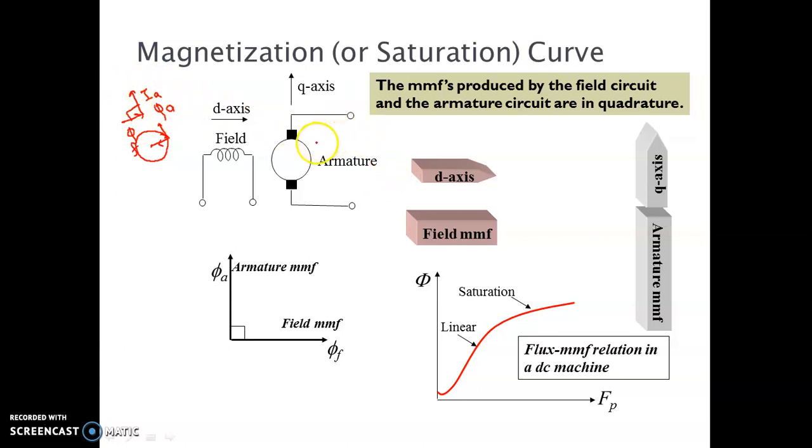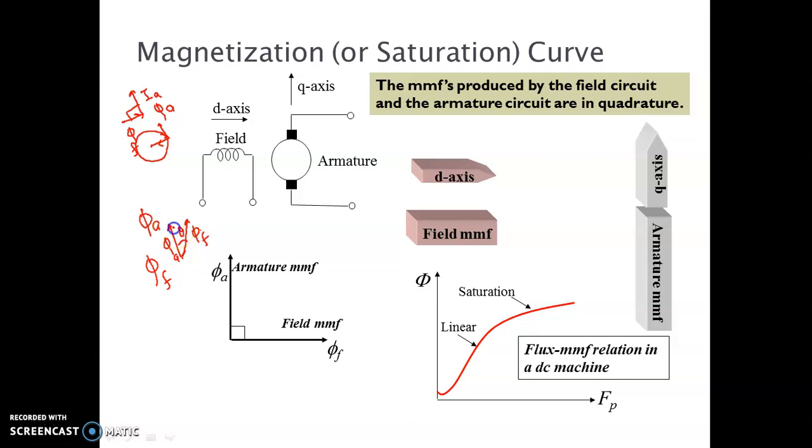So this effect we have to study. But sometimes the armature field and this field are not at right angle; they make some angle with each other. Suppose this is your armature field, and this is your field, and the angle is theta.